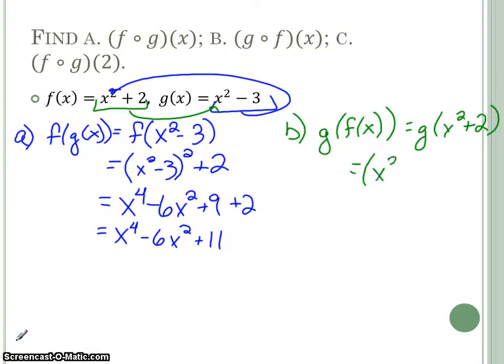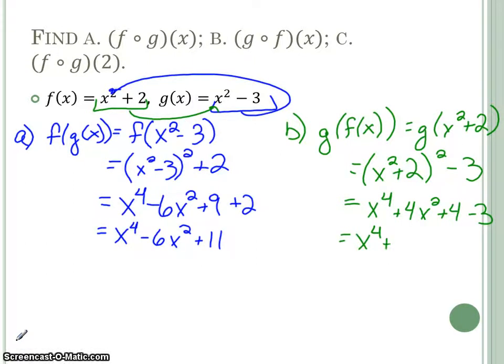So we're going to have x squared plus 2 squared minus 3. So again, we've got to remember to FOIL that. So we'll get x to the 4th plus 4x squared plus 4 minus 3. And then if we combine our like terms just a little bit, we get x to the 4th plus 4x squared plus 1.